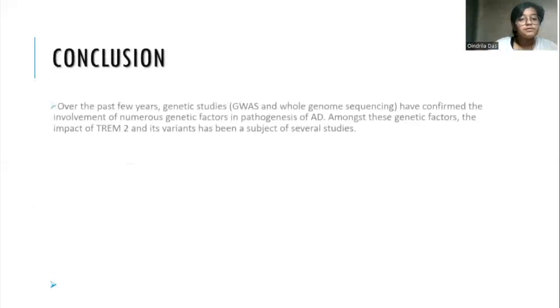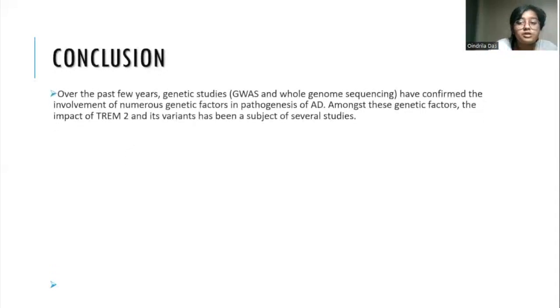For conclusion, over the past few years, several genetic studies have confirmed the involvement of numerous genetic factors in the pathogenesis of Alzheimer's disease. Amongst all of these genetic factors, the impact of TREM2 and its variants on Alzheimer's has been observed.